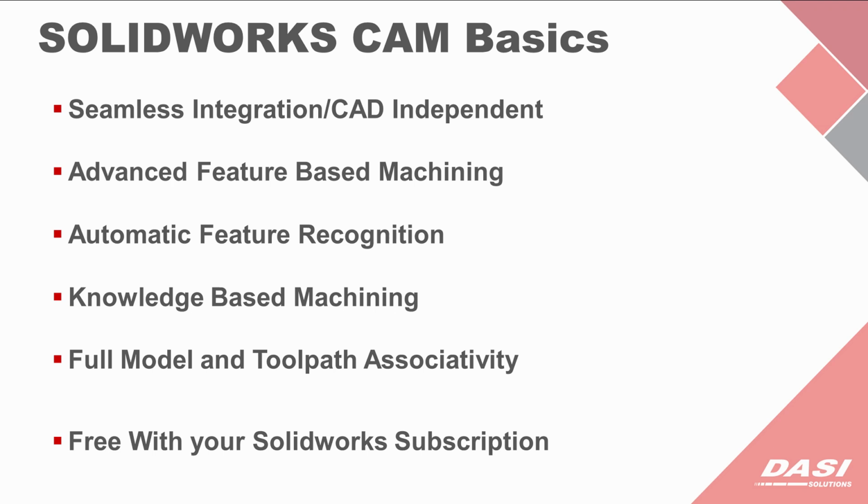That advanced feature-based machining is built around an automatic feature recognition technology. That technology looks at the prismatic solid, the volume of the model, and develops features based on some rules. And then we apply the knowledge-based machining to those rules and to those features to develop the machining strategies.